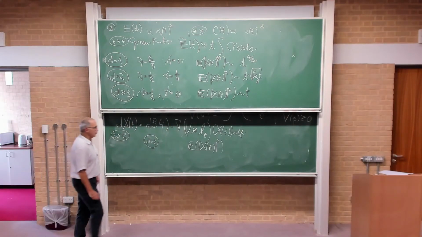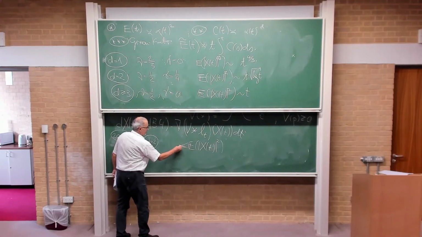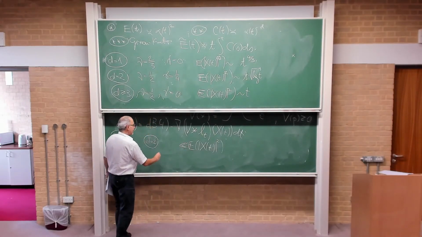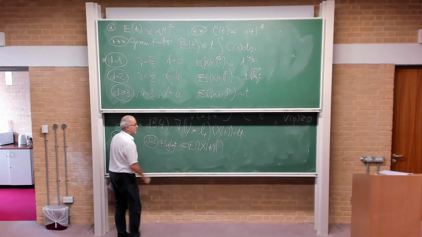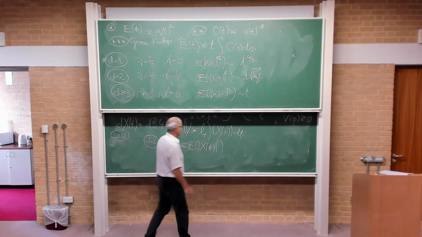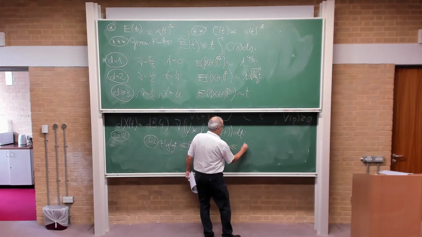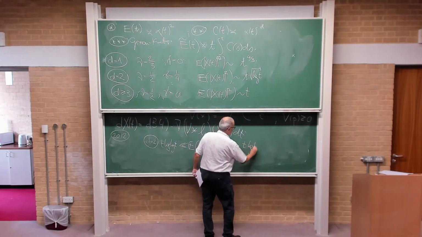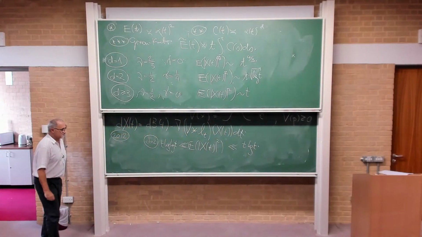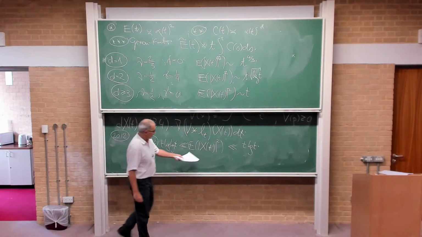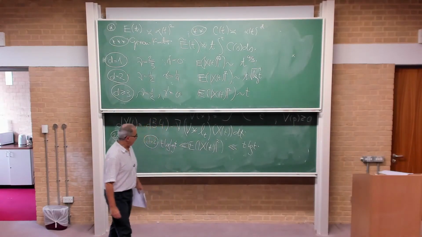But what we could prove at the time is that this is much larger than t times log t, and it's less than, this is trivial essentially, t times log t. And what I expect is that this should be of order t times square root of log t, as I told you, and actually much more.